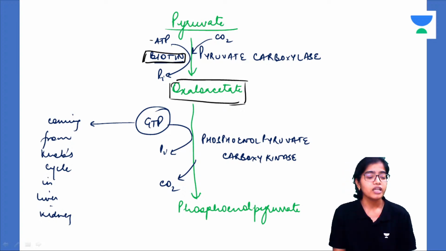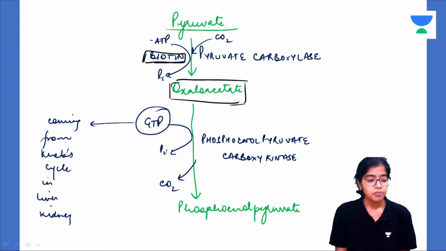If you're getting a short note on biotin, and you don't know anything apart from it being good for hair and skin, then you can include this reaction. The examiner is going to be super impressed with you. So biotin is a cofactor in pyruvate carboxylase and it utilizes ATP.